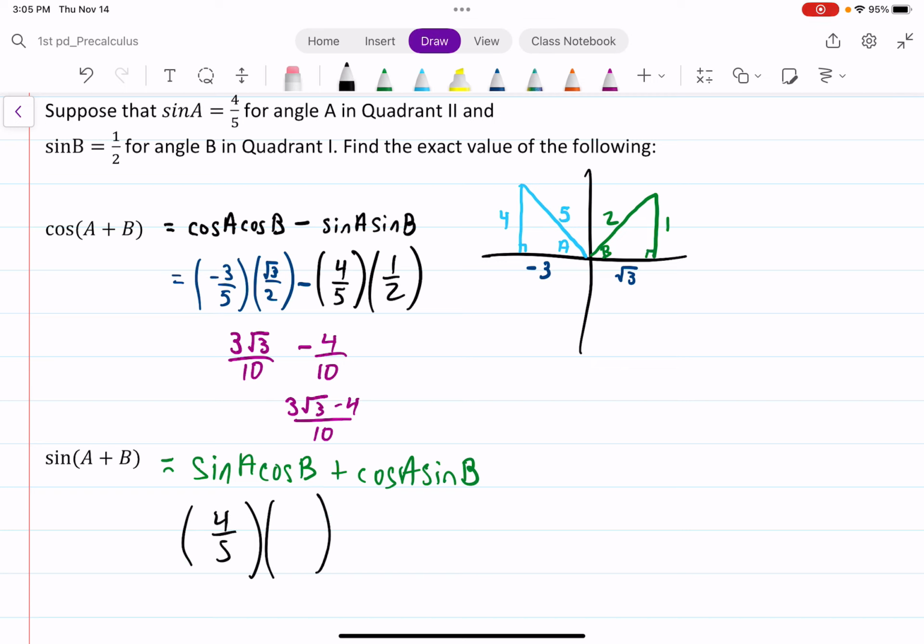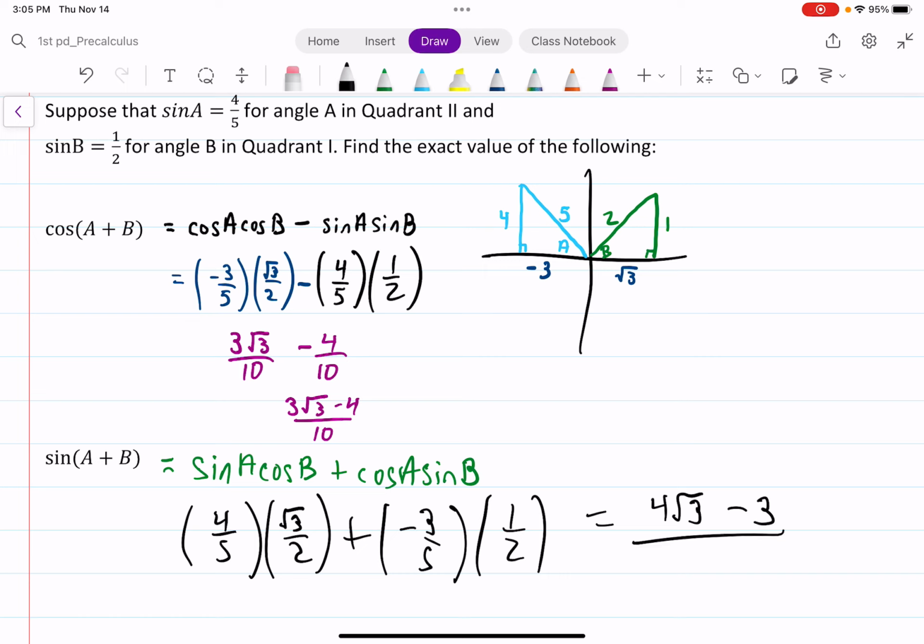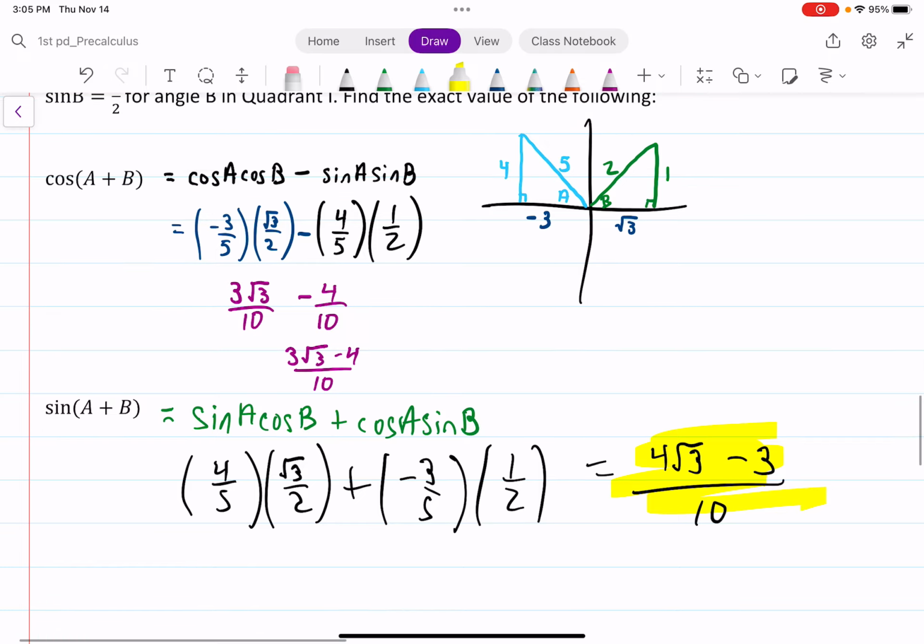Cosine of B is square root of 3 over 2. Cosine of A is negative 3/5. And sine of B is 1/2. So we get 4 square root of 3 minus 3 all over 10. And that's how you use the sum and difference identities, okay?